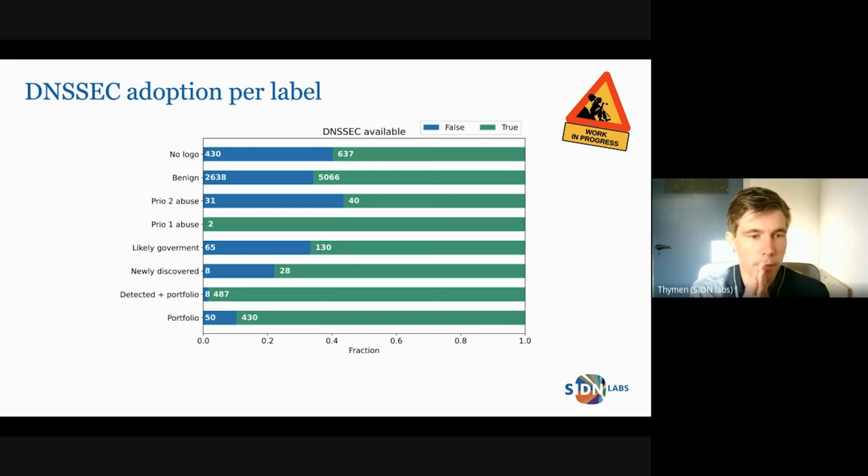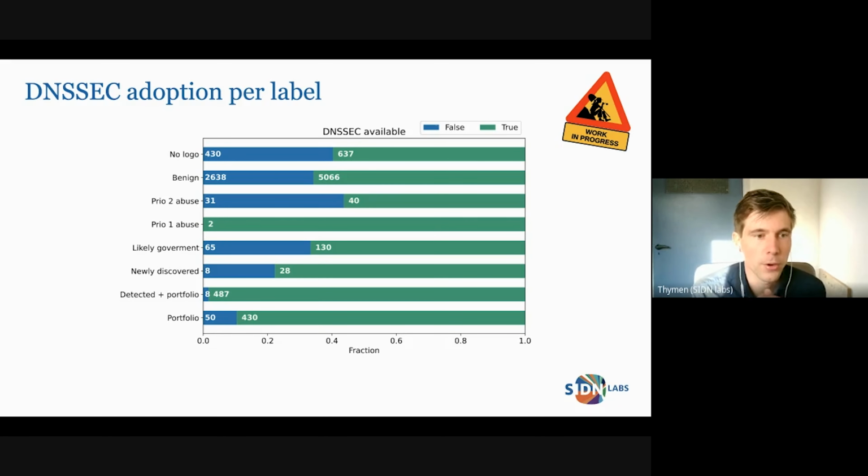And what you see here on this slide, on the bottom, is that the domain names that are already in the portfolio within the list of government domain names score very well with respect to DNSSEC adoption. So the majority of those domain names use DNSSEC.